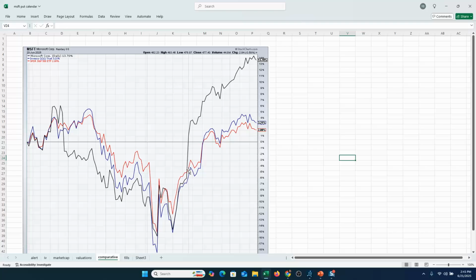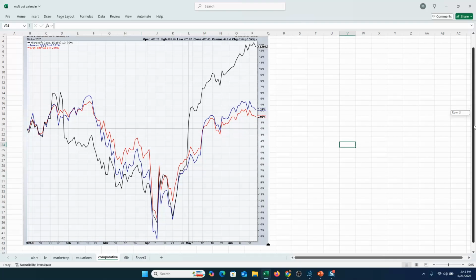Yet we've seen this rip higher over the past couple months, where Microsoft has absolutely outperformed both the S&P 500 and the NASDAQ by over 10%. So that would lead, I think, to a reversion in Microsoft to these two indices. And this outperformance is even greater considering that it has such a large weighting in each one of those ETFs.